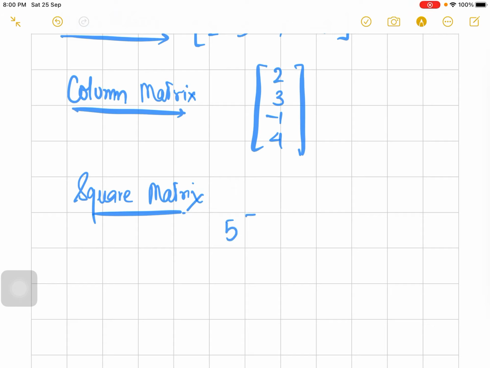So if I say that I have a matrix which only has one element, 5, this is a square matrix, because it has only one row and one column. Do you think this is a square matrix? 2, -5, 3, 2. Yeah, this is a square matrix because it is a 2 by 2 matrix. The previous one was 1 by 1 matrix.